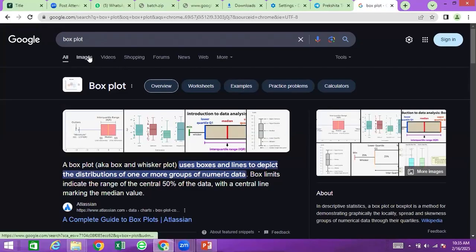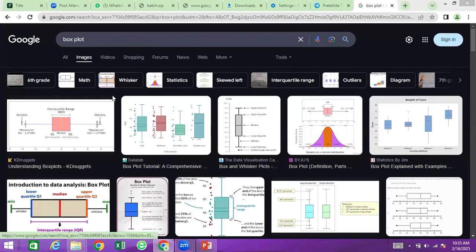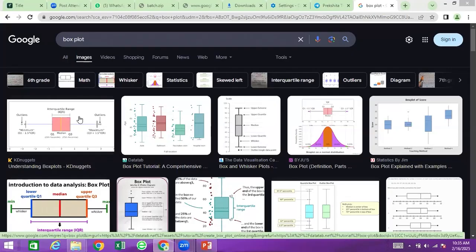Nice. So let me show you a few. These are just examples of the different ways people create box plots.